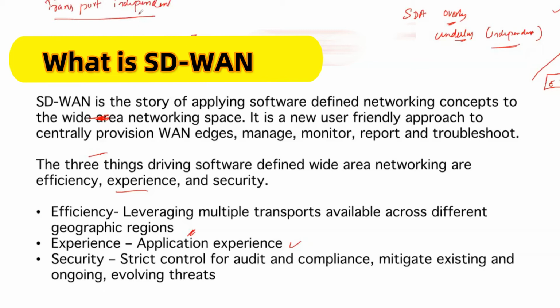That means we can have MPLS connections, we can have internet, we can have an LTE connection as well. We can even have WAN over the cellular network, over LTE, or WAN over the internet, or over MPLS. As long as we have IP reachability, it doesn't matter what type of transport you are using, right? That's the benefit of the SD-WAN solution.